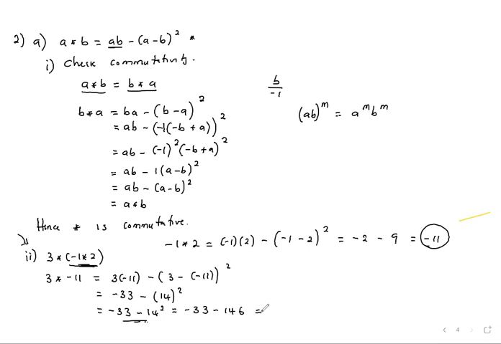So -196 minus 33. Here it's like you're doing the addition. So what do you get? You get 9 the other side, you get 7, you get 1 negative.